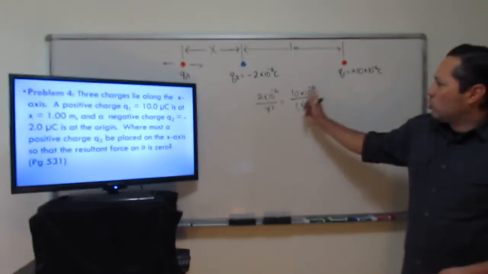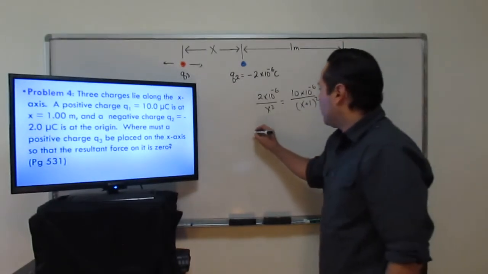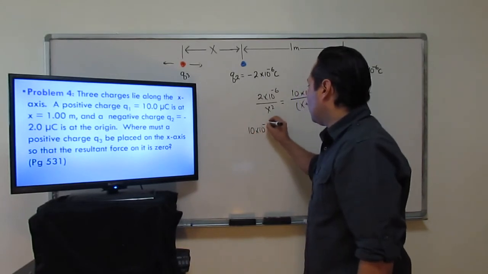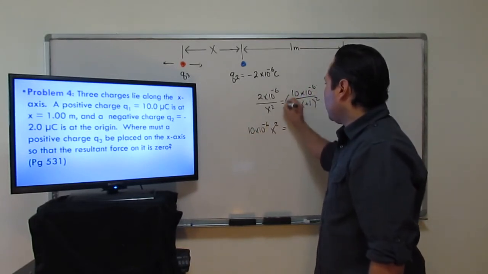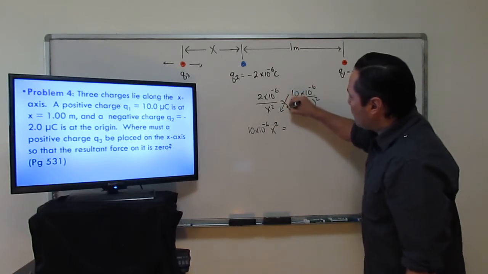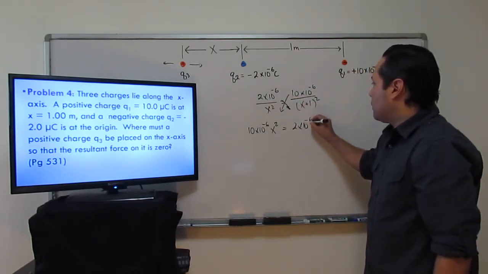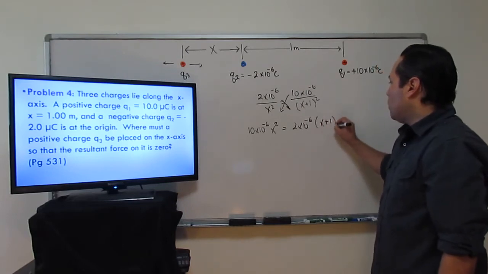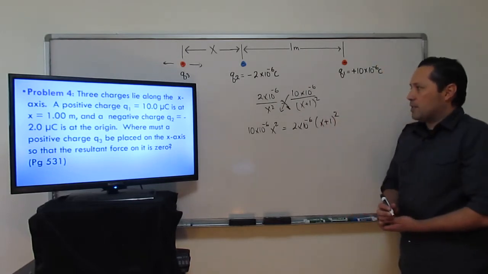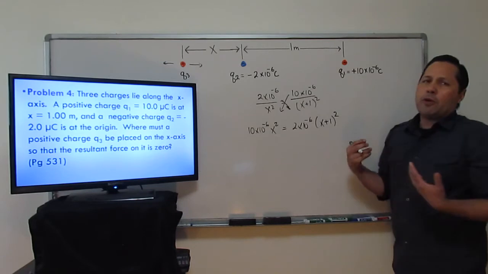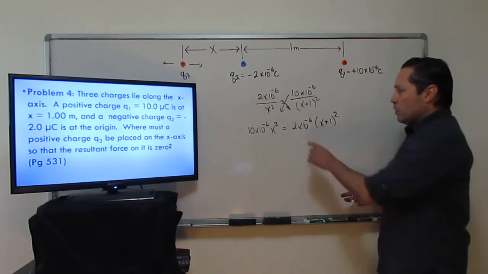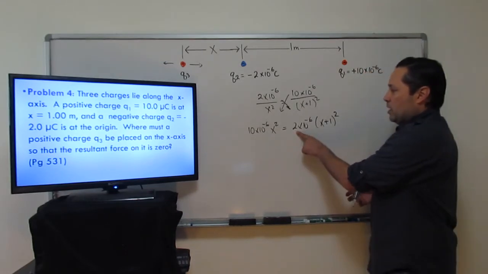I'm going to do some cross multiplication. So I'm going to end up with this: 10 times 10 to the negative 6 x squared, after I cross multiply, equals 2 times 10 to the negative 6 times (x plus 1) squared. That's my cross multiplication. I want to simplify this as much as possible, so I'm going to divide both sides by 2 times 10 to the negative 6.